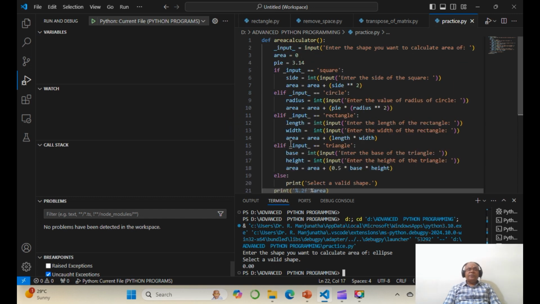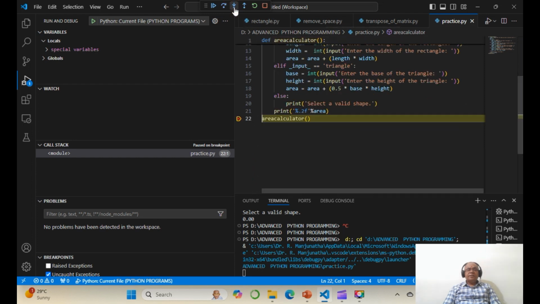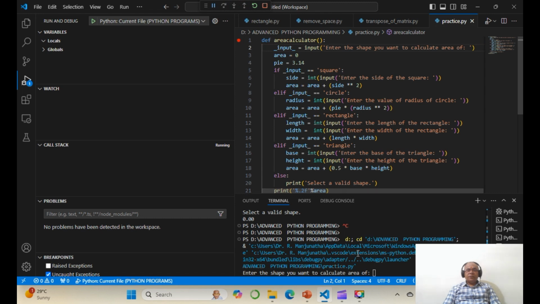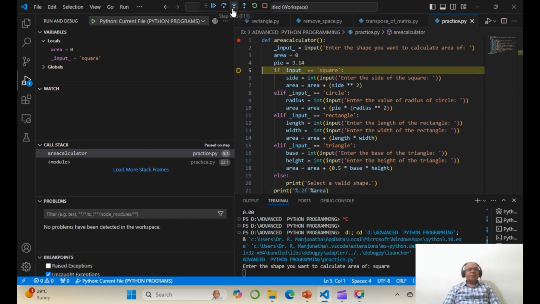Now how this is executing, we will see step by step. First it goes to this, then it comes to this input: enter the shape you want to calculate the area of, square. Then area is 0, then pi is 3.14.